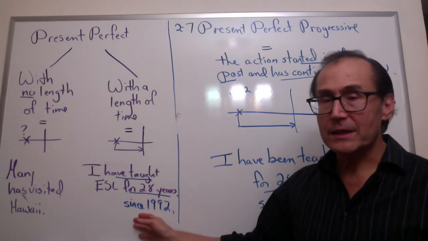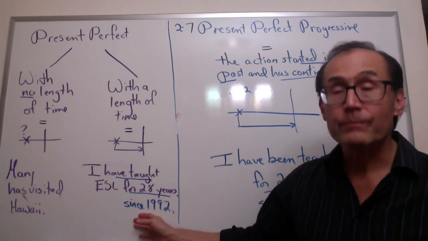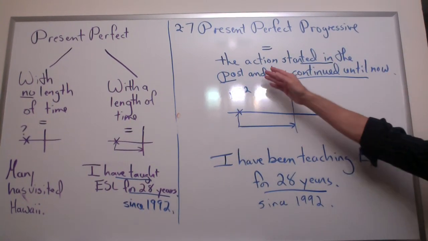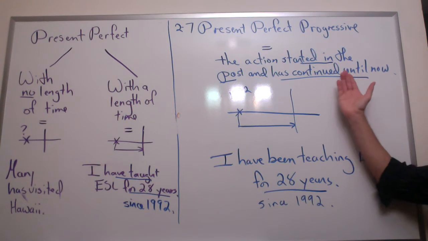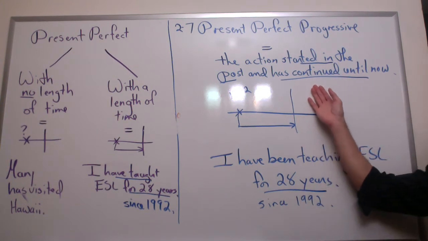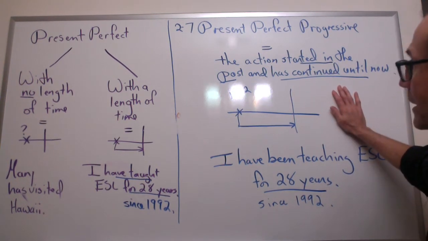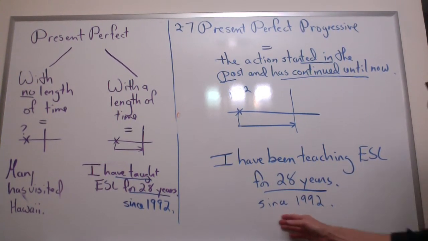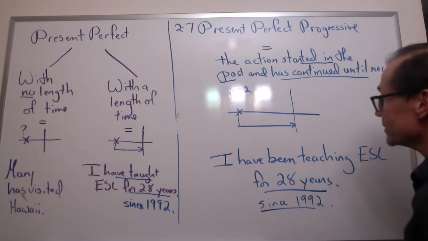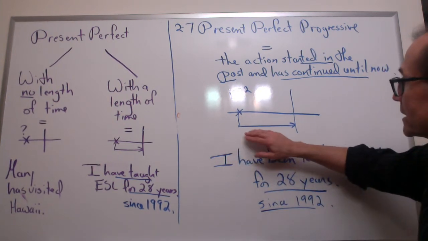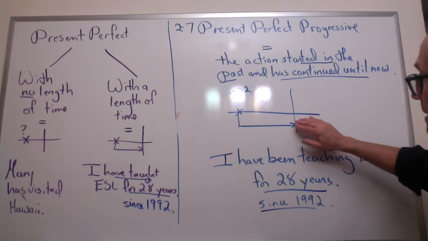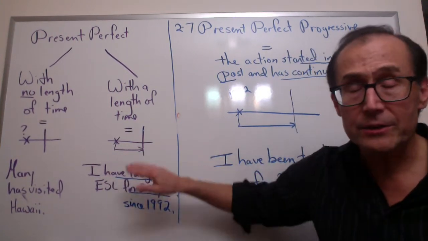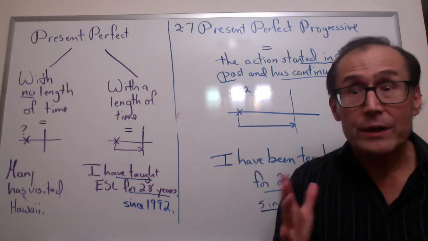I have taught ESL since 1992. Yes, that's right. But you just said present perfect progressive means the action started in the past and has continued until now. And so I have been teaching ESL for 28 years, or I have been teaching ESL since 1992. And I look at this picture, starts in the past, continues until now. I look at this picture, starts in the past, continues until now. How are these different?